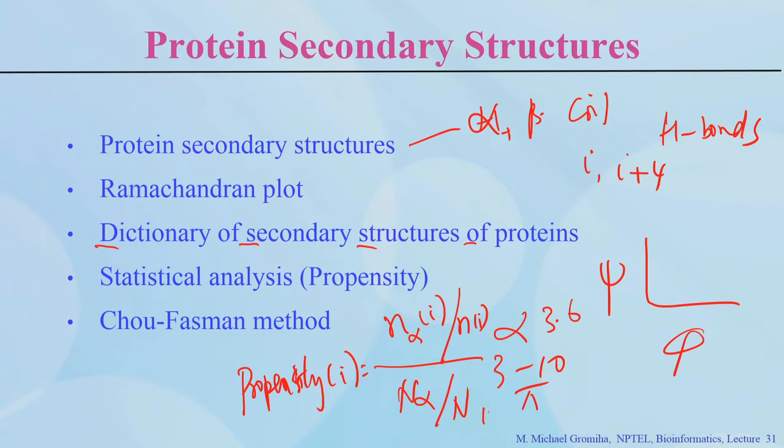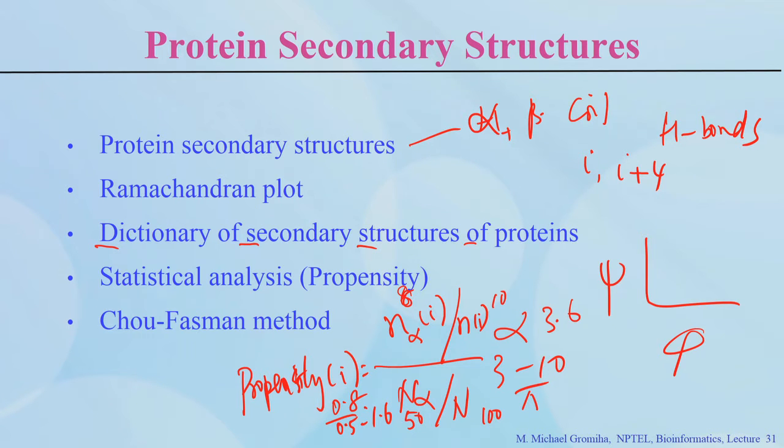If there are 100 residues, and 50 residues are in helix, and if there are 10 alanines and 8 are in helix, what is the propensity? 0.8 by 0.5, this is equal to 1.6.